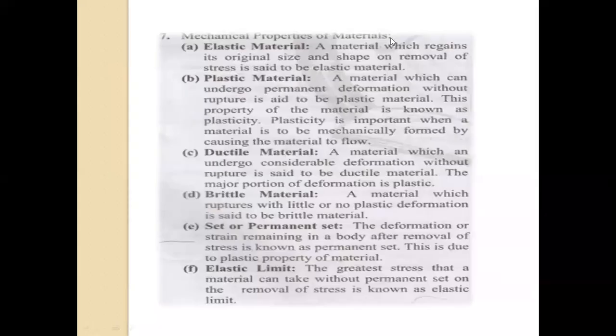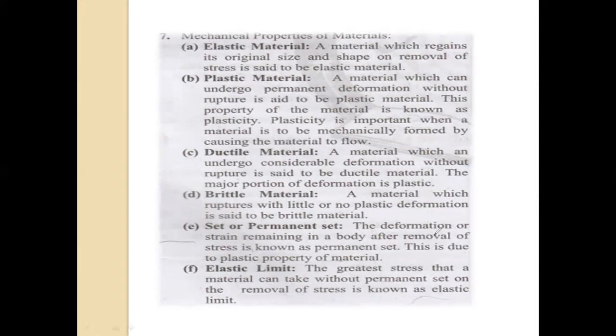Then the next point is mechanical properties of material. In that, the first property is elastic material. Already you know that elastic material means if we apply load and after removal of the load the material or body regains its original shape and size, this material is called elastic material.